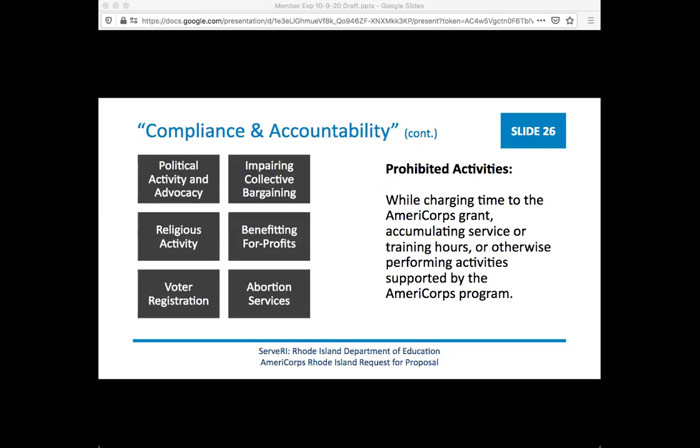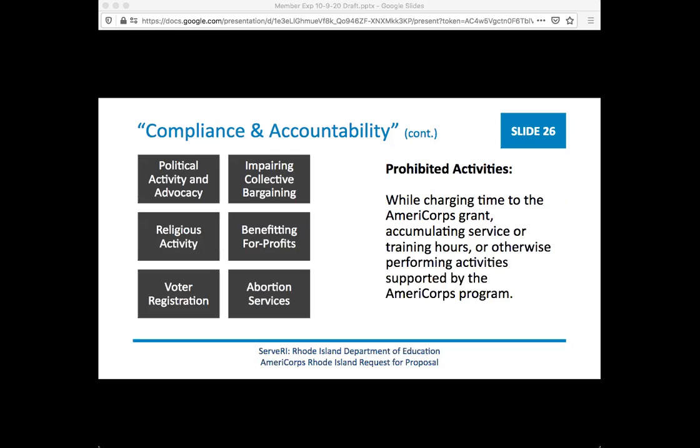And over the decades, different pieces have been added to it to ensure that service is not falling into areas that are not appropriate for a federal program. So these prohibited activities are all things that people can do on their own time, but they just can't do them while they're serving or while they're wearing their AmeriCorps uniform.